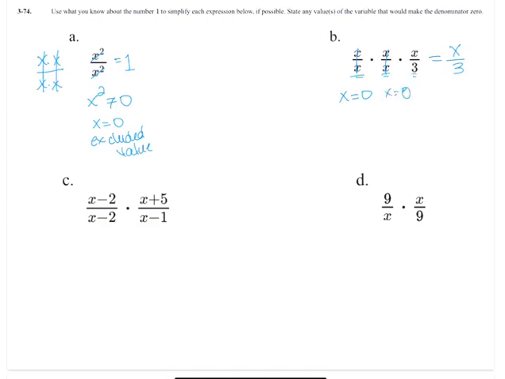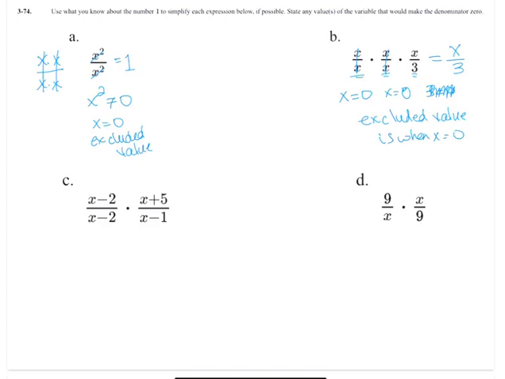And I still have to look at my third denominator. So 3 cannot equal 0. Well, guess what? 3 doesn't equal 0. So we don't even have to think about that one. We can cross that one off. So what's my excluded value? My excluded value is when x equals 0. Okay?